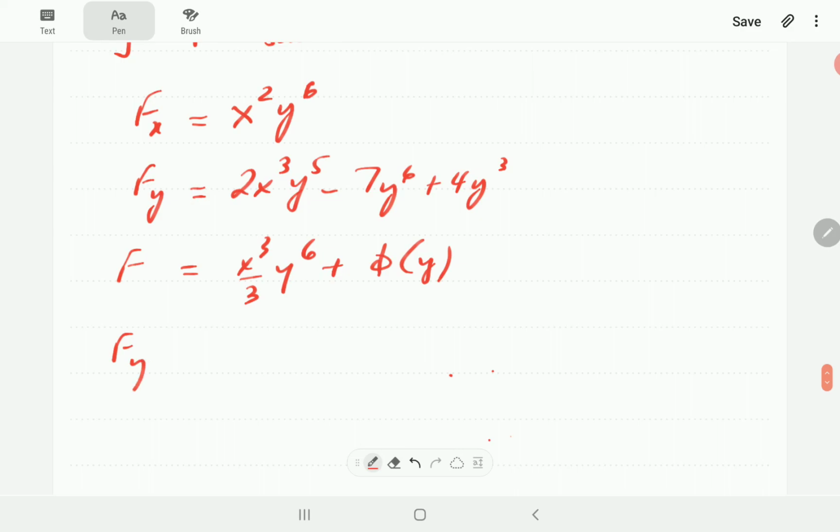Then we're going to differentiate this with respect to y and compare with the y derivative, which is this one here.